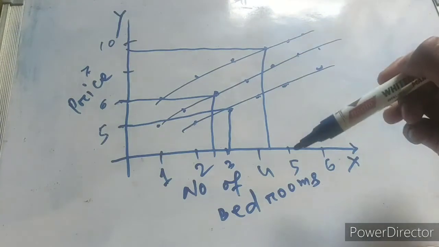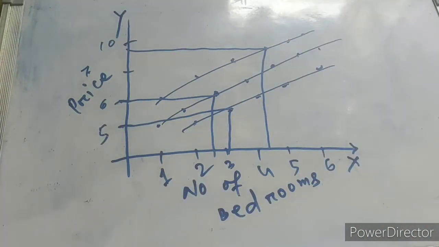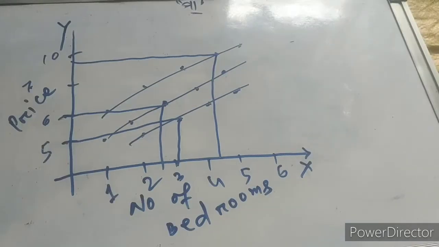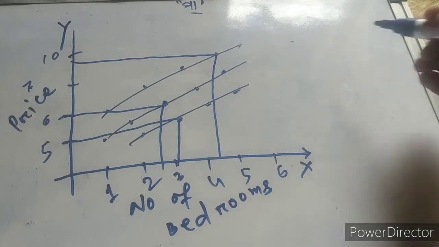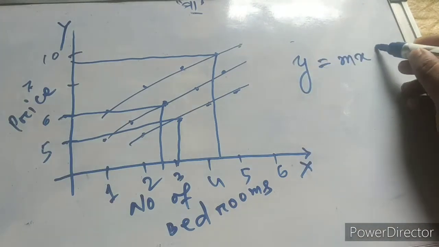So as the bedrooms are increasing, the price is also increasing. Ultimately, to understand the graph, we are using the equation of linear mathematics, the linear equation, which we all know is y = mx + c.